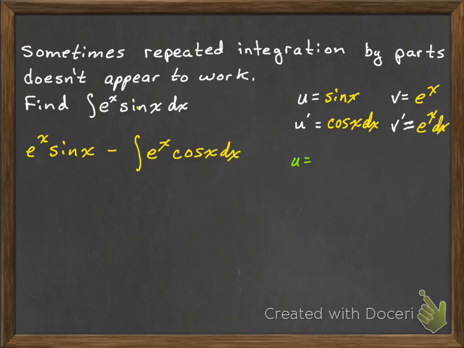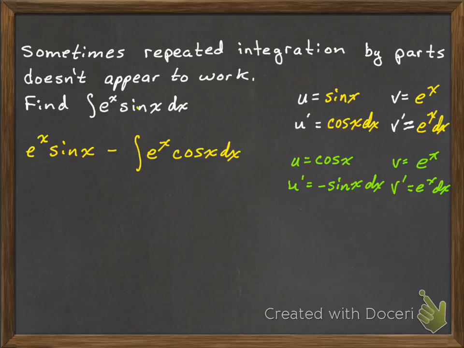Your u value will be the cosine, which means u prime is negative sine. v prime is e to the x dx, and its antiderivative is e to the x.